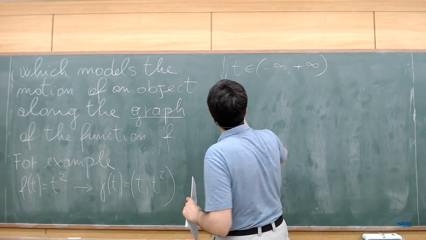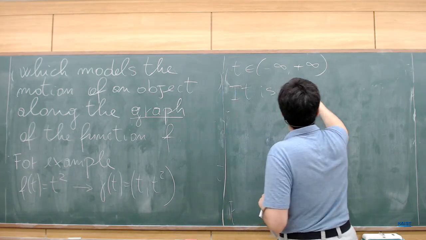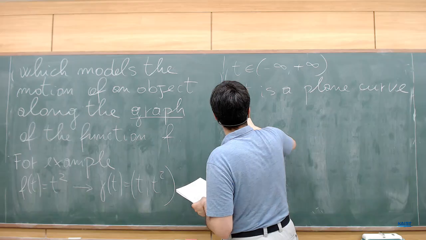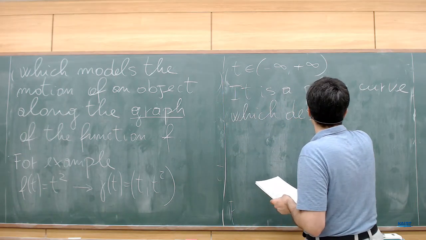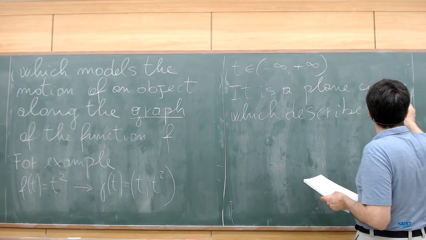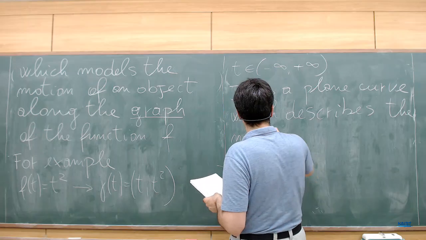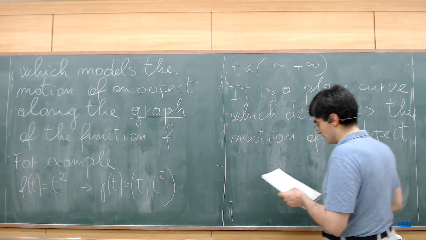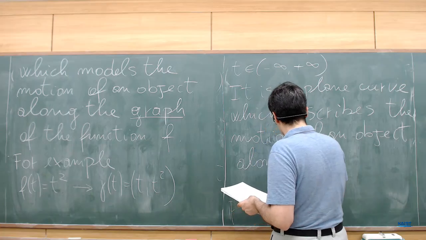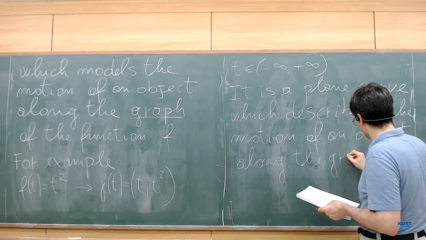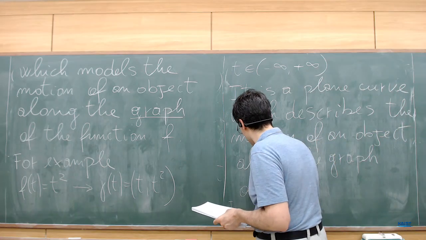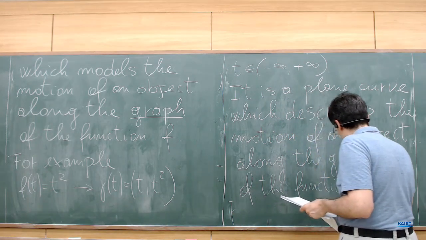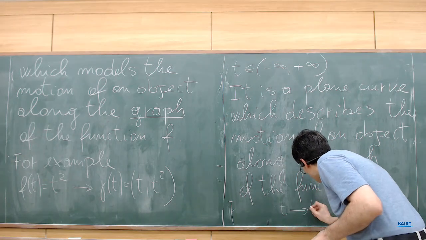This is a plane curve which models the motion of an object along the graph of the function which associates to t, t squared.